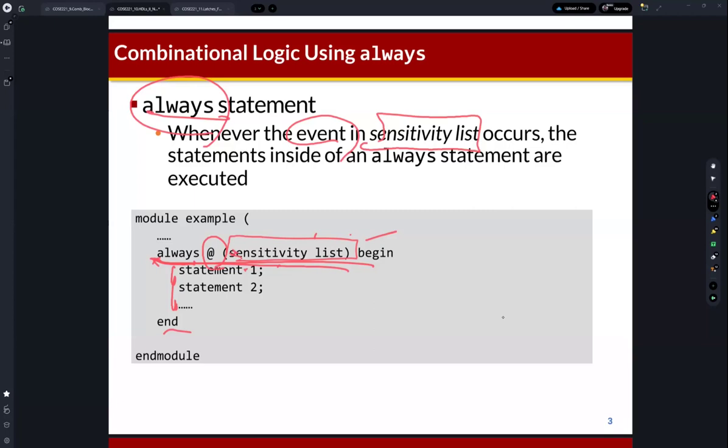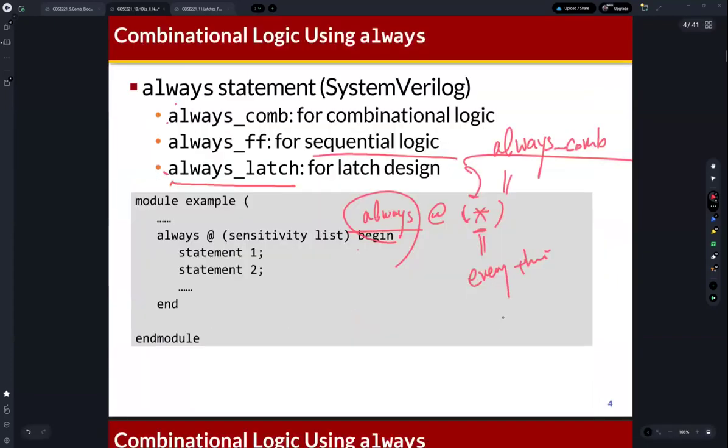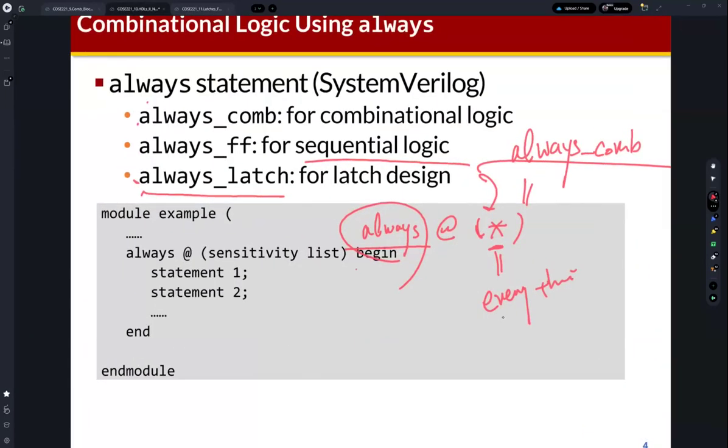Okay. So if the signals in this sensitivity list change, then the always statement will be executed. It means that the statement inside of the always statement will be executed. Okay? But actually for SystemVerilog, you can just know three different kinds of always statement.